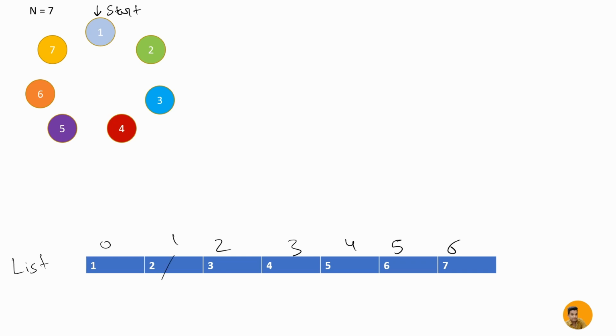So 2, then 4, then 6. We are left with 1, 3, 5, and 7.